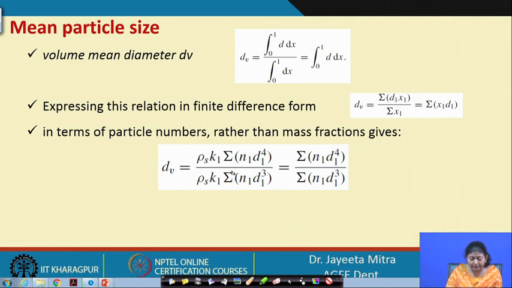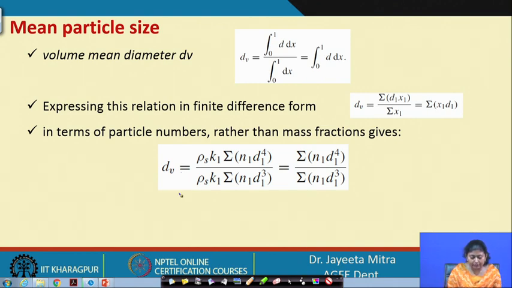So, now with that it will be d1 to the power 4, because the concept is d into dx by the integration dx. So, that will be rho s into k1 n1 into d1 cube. So, finally, we are getting summation of n1 d1 to the power 4 by summation n1 d1 cube. So, this ratio will give you the volume mean diameter dV.